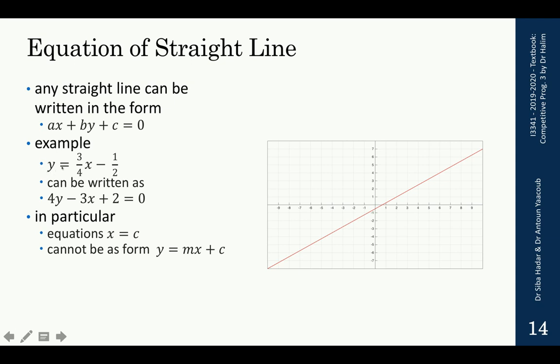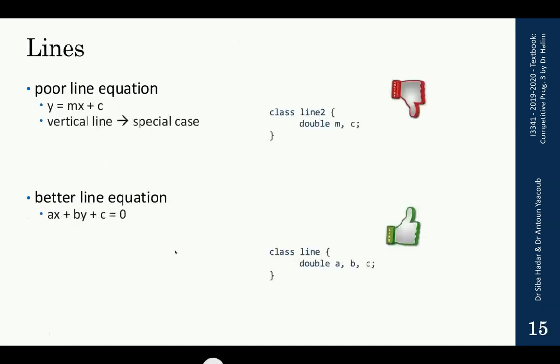If you have y equals 3/4 x minus 1/2, it can be written when you multiply everything by 4 and move everything before the equal sign, you will obtain 4y minus 3x plus 2 equals 0. So in this case, our line is represented by the following triplet: a equals 4, b equals minus 3, and c equals 2.